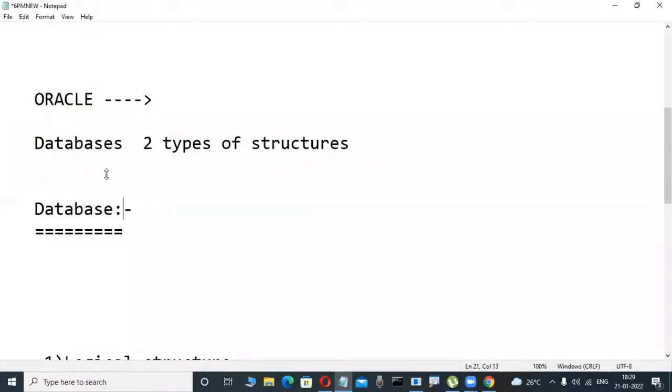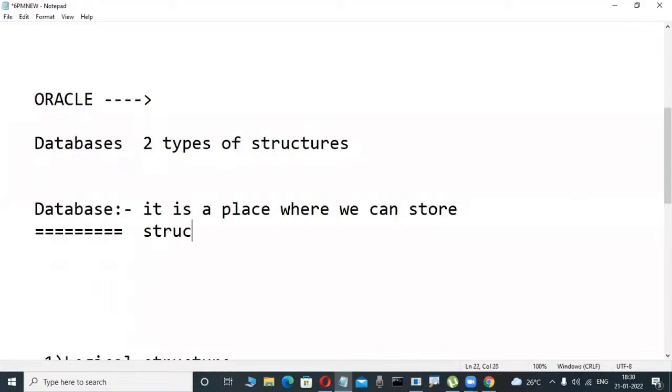Anybody observing in Google or in books will see it is a place where we can store a structured collection of data. They are telling only that: where we can store a structured collection of data. What is data? What is information? What is DBMS? That is later.